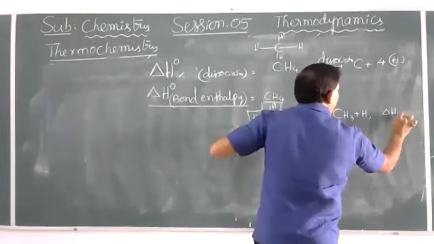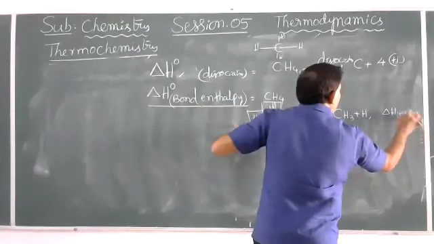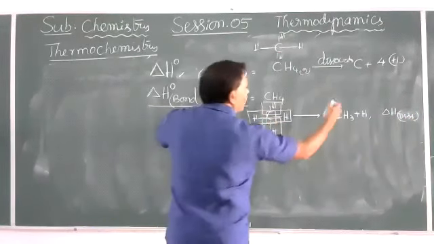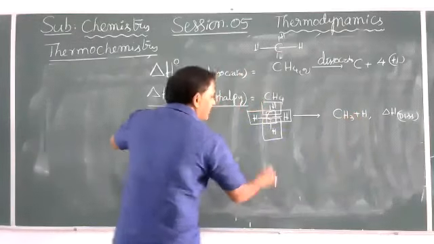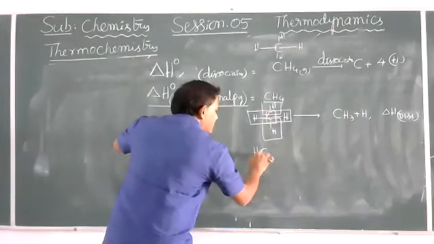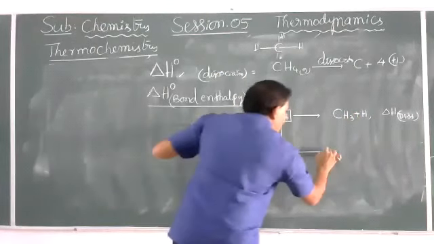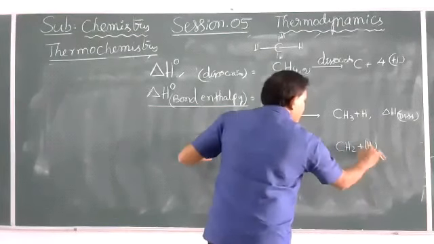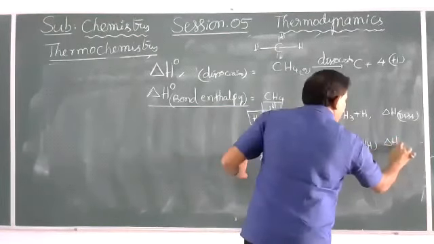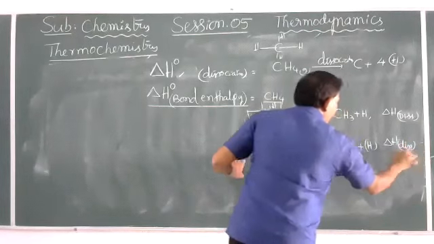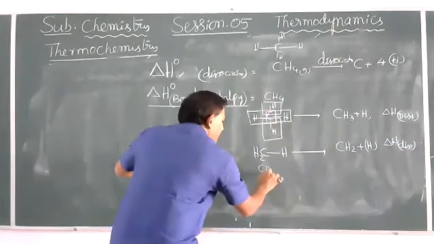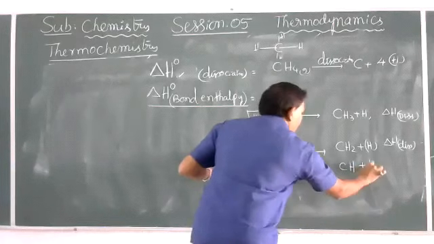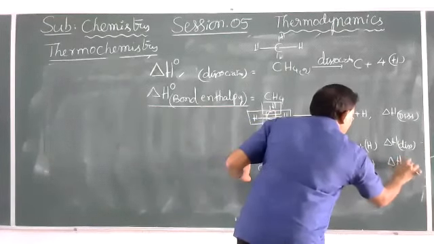This is simply called dissociation because only one carbon hydrogen bond is cleaved. Then again CH3 dissociates, giving CH2 plus H. This is again a dissociation. Now CH2 gives CH plus H. This is also a bond dissociation.